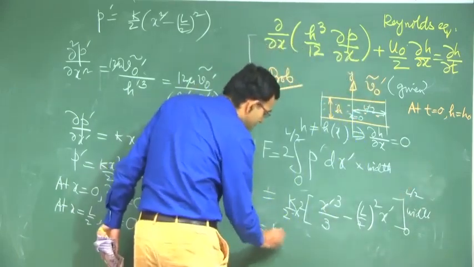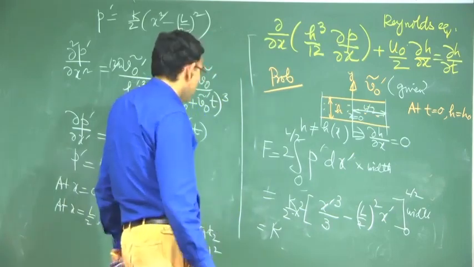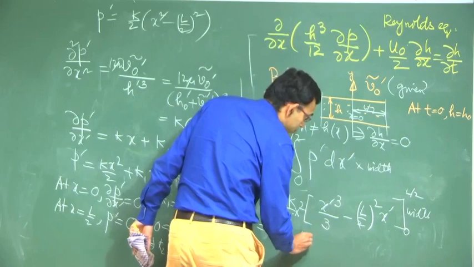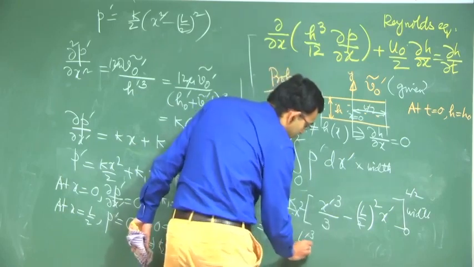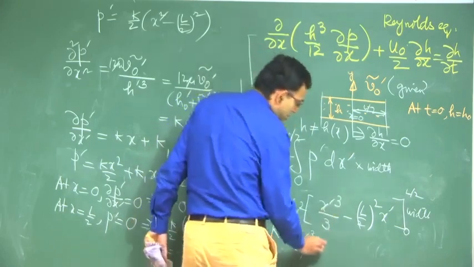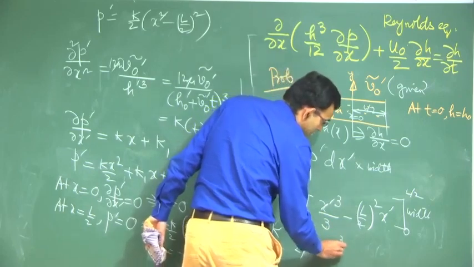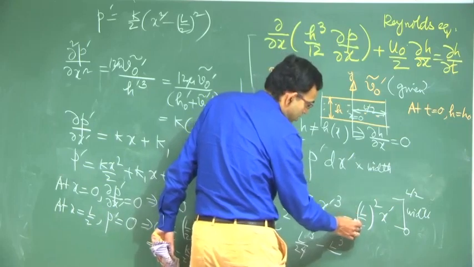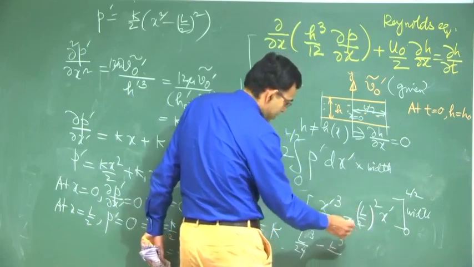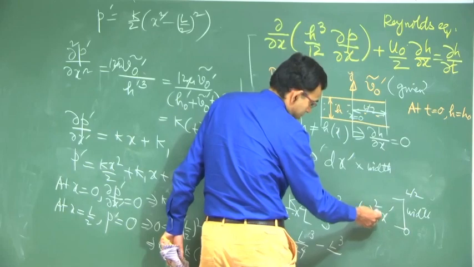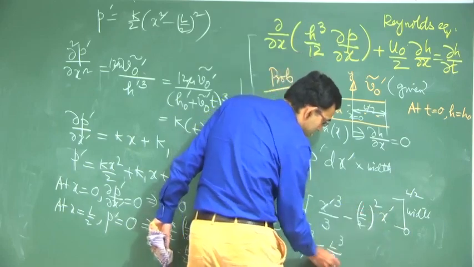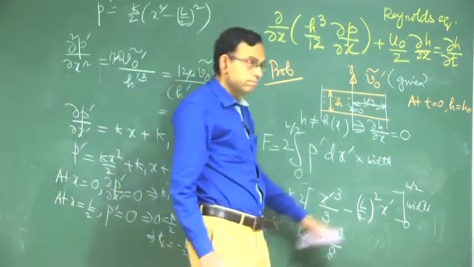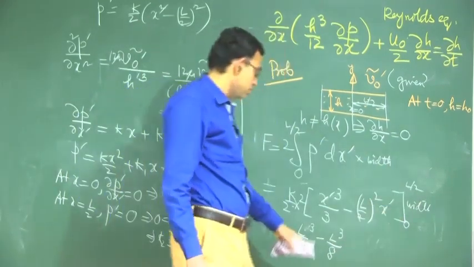So, this is 0 to L by 2. So, this is k into L cube by 24 minus L cube by 8, right, 2 into 2 into another 2.